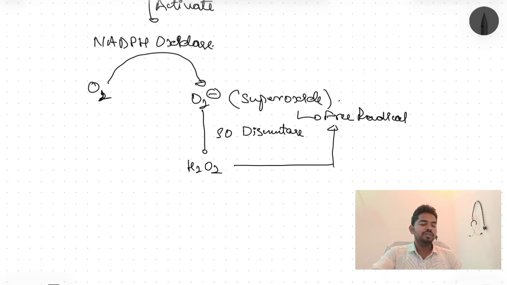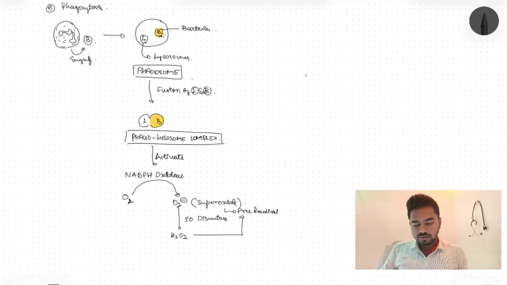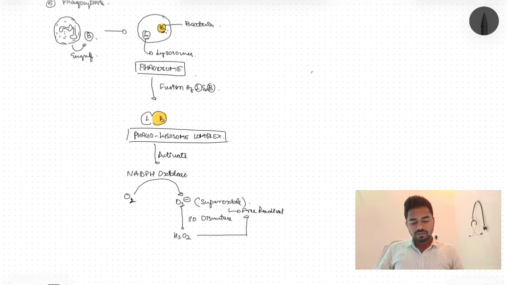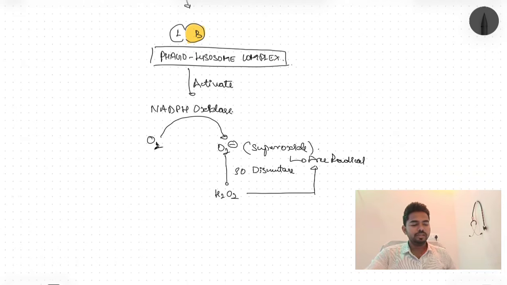Why are we studying this hydrogen peroxide and all? Because when neutrophil has phagocytosed bacteria, it is activating NADPH oxidase. See what happens now.